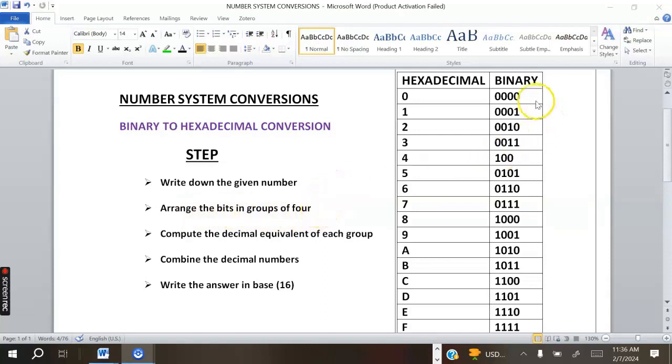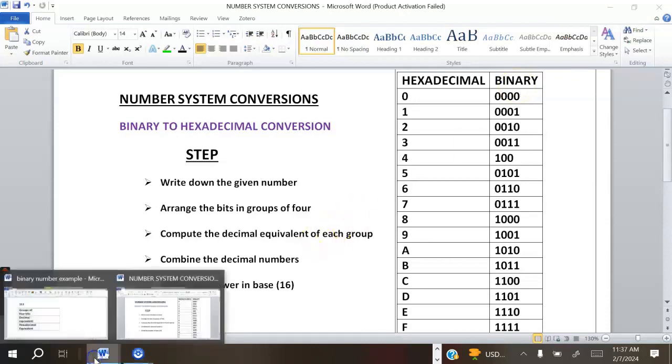Then number 3, you compute the decimal equivalent of each group. Number 4, you combine the decimal numbers. And lastly, you give your answer in base 16, because from 0 to F we have 16 numbers. For binary, there are always 2, that's why we always have base 2.